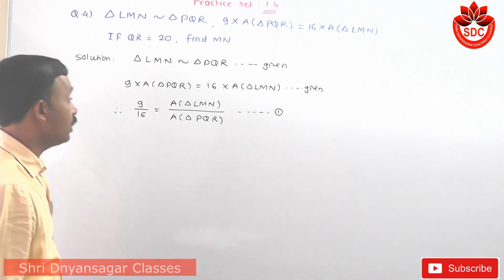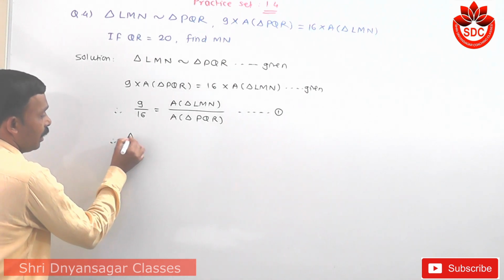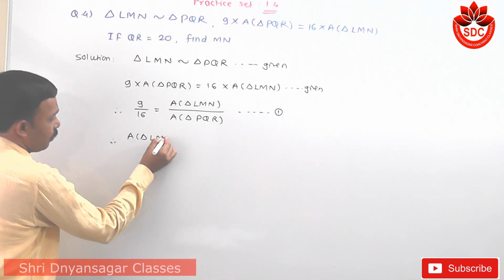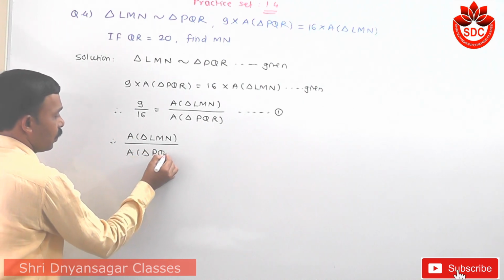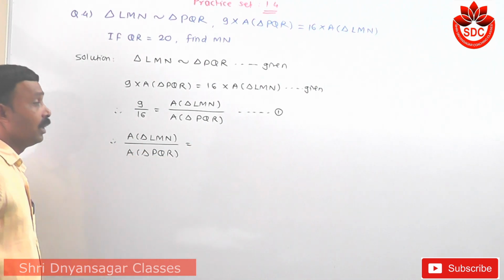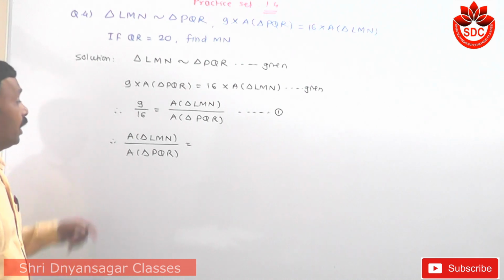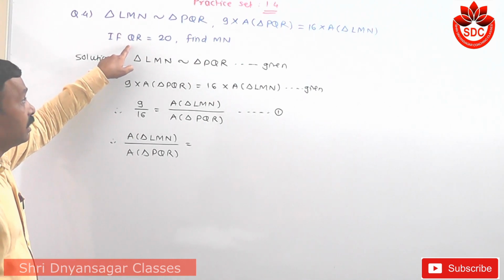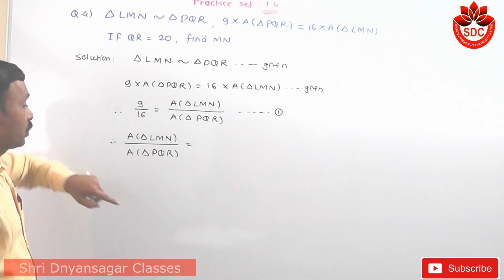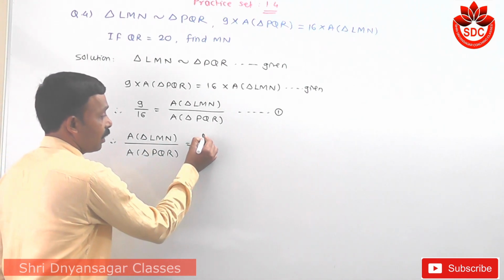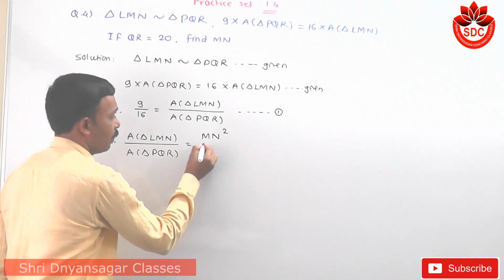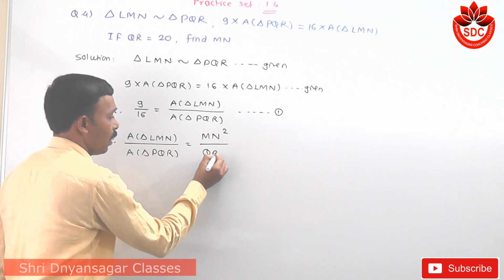So by using this, I write area of triangle LMN upon area of triangle PQR is equal to the square of their corresponding sides. But look at your question, the sides given are QR and MN. So I take the ratio of MN and QR, so MN square upon QR square.